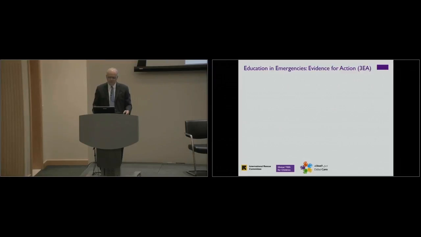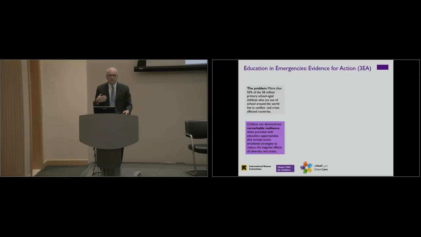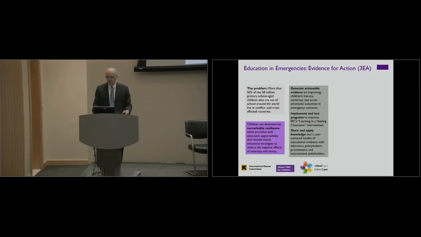We have two main, just two examples. We're doing a lot of work on education and emergencies, and a project called Education Emergencies Evidence for Action. Half the kids who are out of school in the world live in conflict-affected countries. We can improve their access and their ability to learn because of the resilience that they show and that we understand how to promote through research.